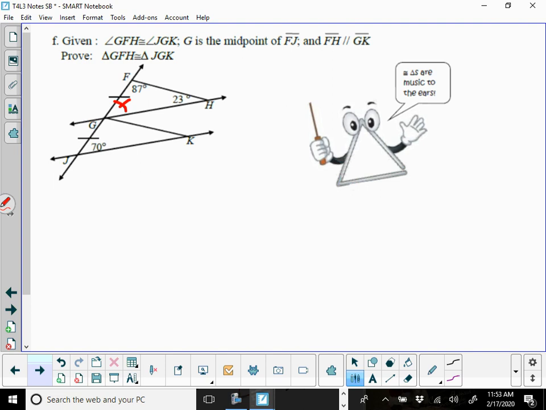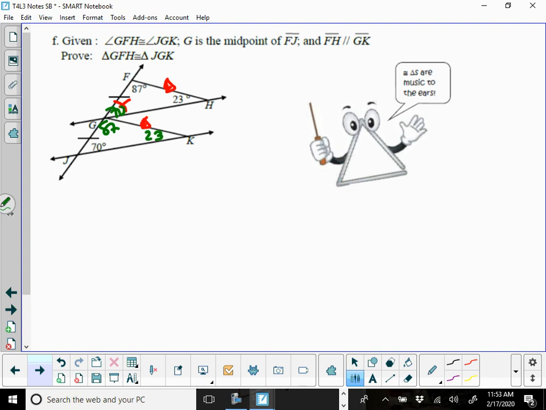It tells us that G is the midpoint of FJ, so we know that's already marked. FH is parallel to GK, so we know these are parallel to each other. If those are congruent, that's going to make this one right here 70. Makes this one 87 and this one 23.